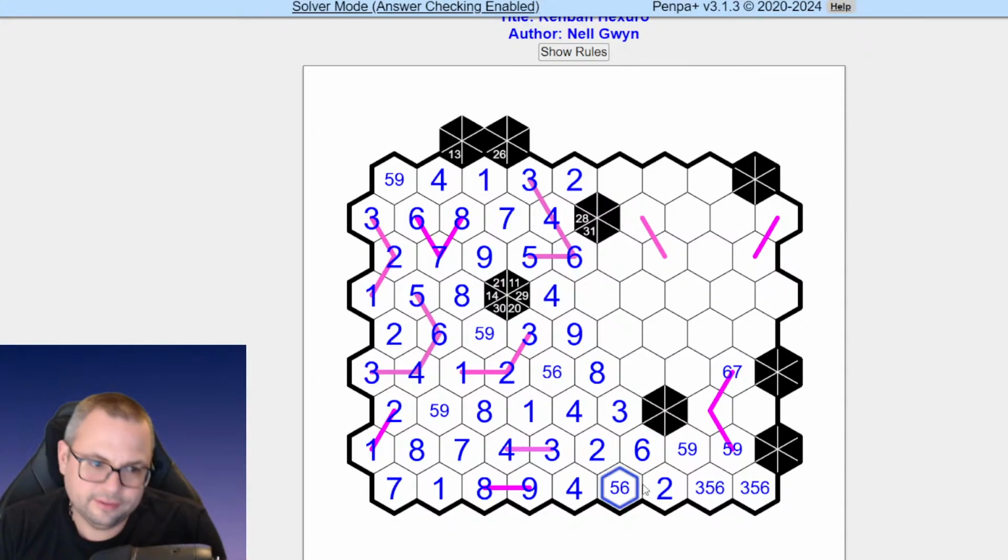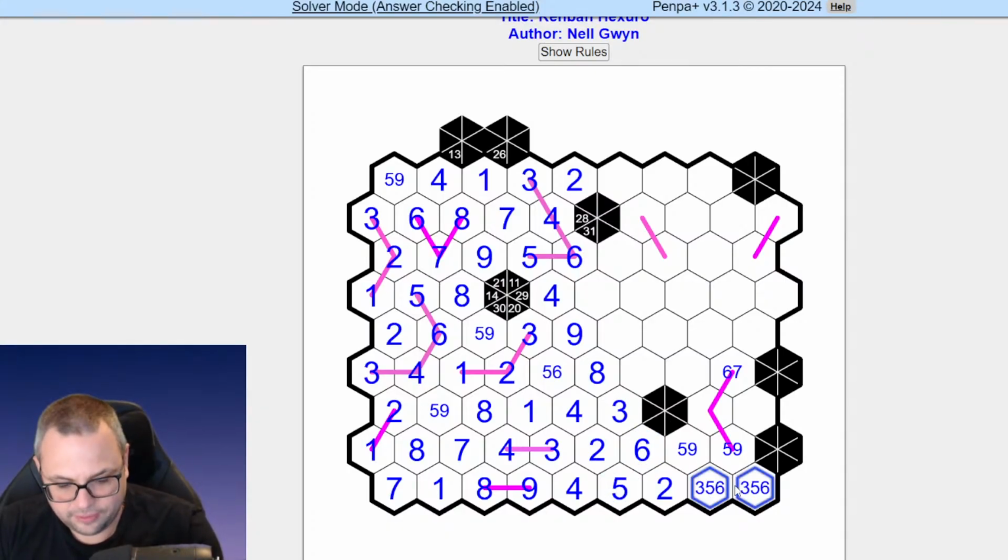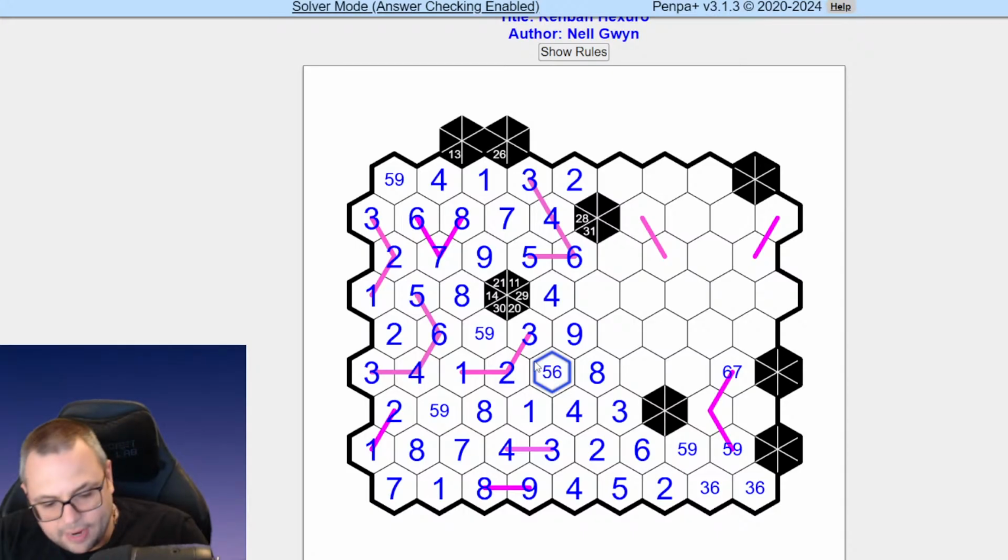Oh, yes, the 6 does look at this, so this is a 5. Thank you. So these are not 5. So these are 3, 6. Oh, the 20 diagonal right now needs the 6, so that's a 6 and a 7.